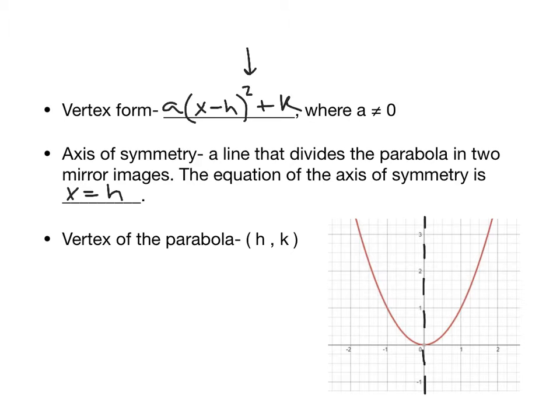It divides the parabola into two mirror images. And the vertex of the parabola is (h, k). So you'll take the h from here and the k from here, and that'll be your vertex of the parabola.